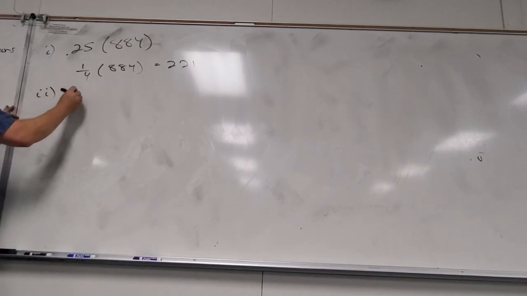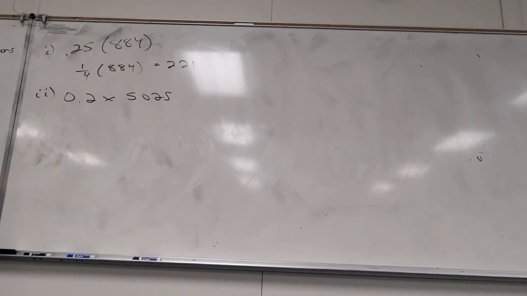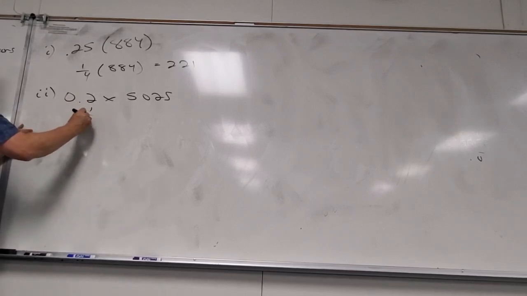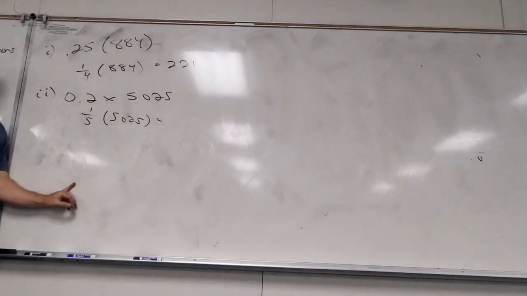What about this? 0.2 times 5,025. Do the same thing. 1/5, good. So that's 2/10, which is 1/5. And what's nice about that is 5 goes into all this stuff.